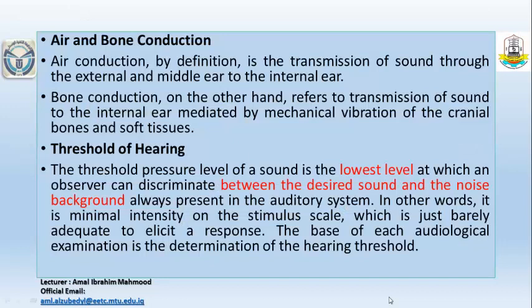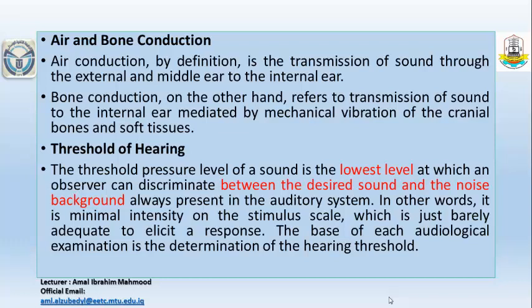There are two ways for sound conduction. The first one is air conduction. By definition, it is the transmission of sound through the external and middle ear to the internal ear. The second is bone conduction. Bone conduction refers to the transmission of sound to the internal ear mediated by mechanical vibration of the cranial bone and soft tissue.